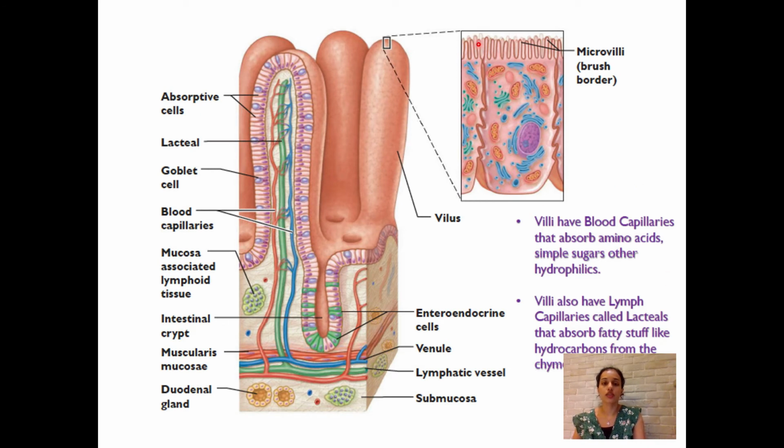These enterocytes, or absorptive cells, have brush borders which are microvilli. This increases the surface area and helps in proper absorption of the nutrients.